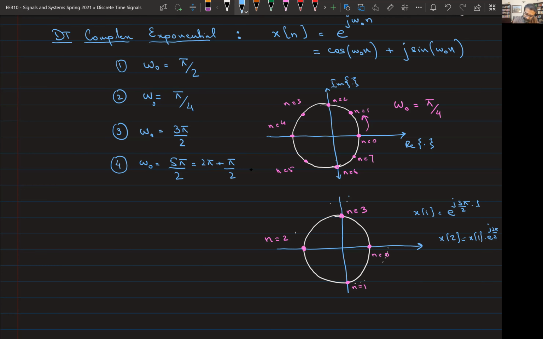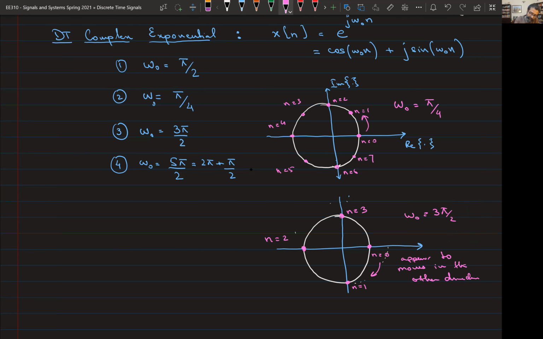So, let me erase all this up and see. So this appears to move in the other direction. And this corresponds to omega naught equals 3π/2.